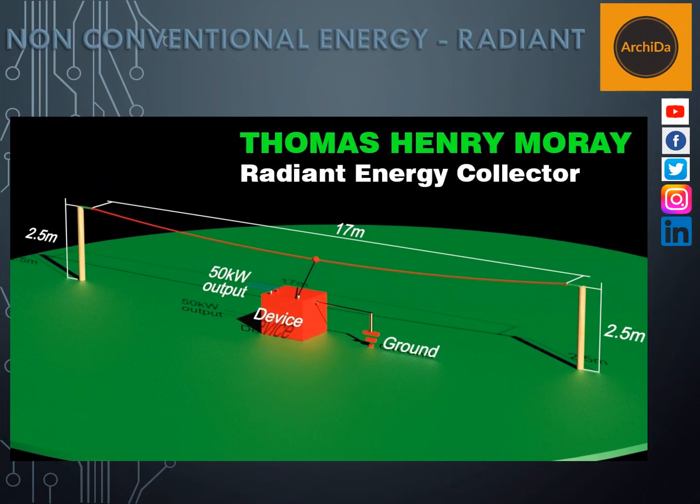Now, the next scientist who developed Tesla's invention was Thomas Henry Murray, wherein the picture shows it just needs a wire 17 meters long, 2.5 meters high, to be able to get 50 kilowatts as an output.